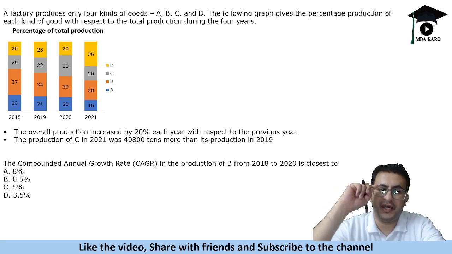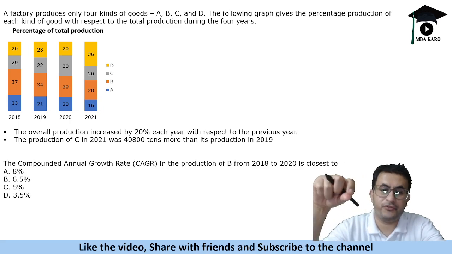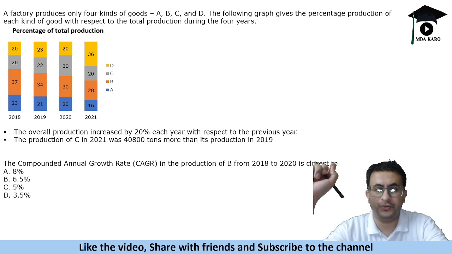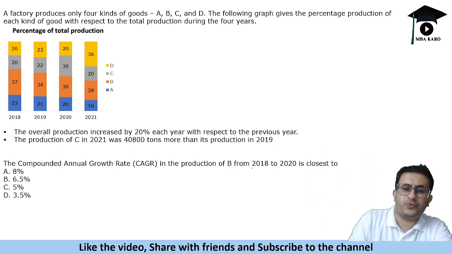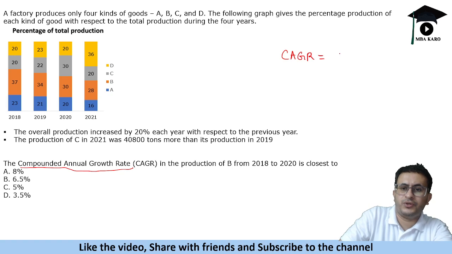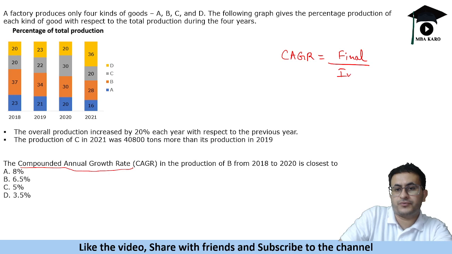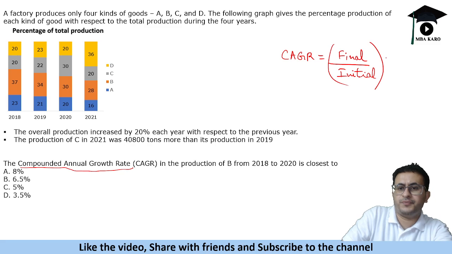The compounded annual growth rate in the production of B from 2018 to 2020 is closest to, right? Now, what is CAGR? CAGR means, the formula is CAGR is equal to final value upon initial value, raised to the power 1 upon n, minus 1.